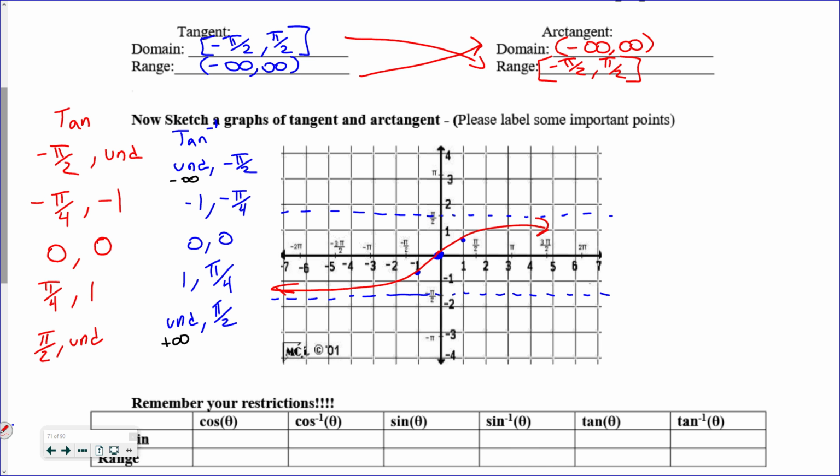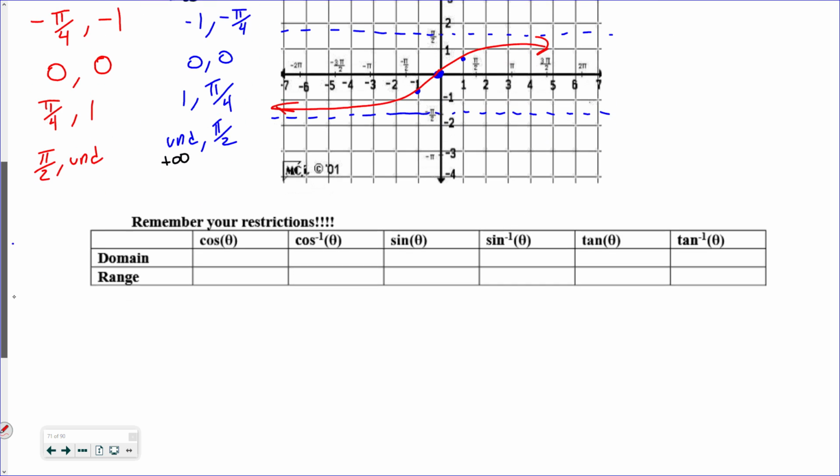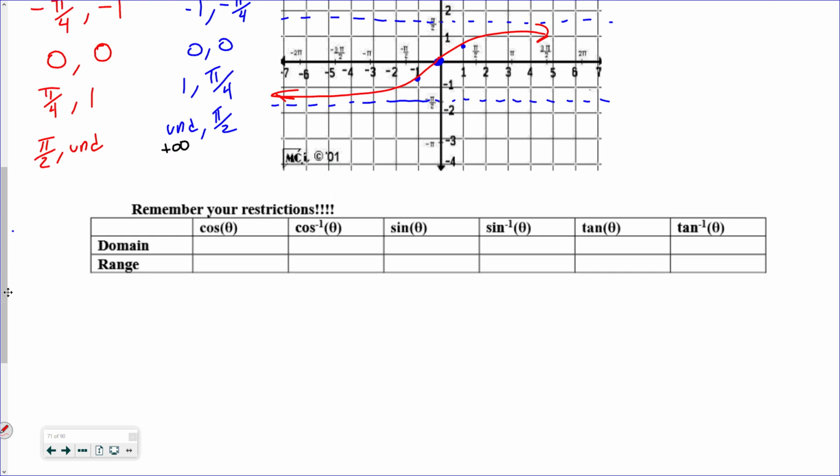All right, let's summarize everything in one quick go right now. I'm just going to fill in all the domains and ranges that we know. Initially, sine, cosine, and tangent were from negative infinity until infinity. All of these were the same, and we are ignoring the asymptotes on this.